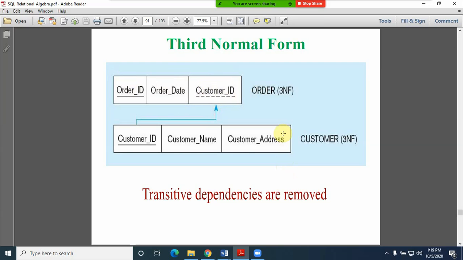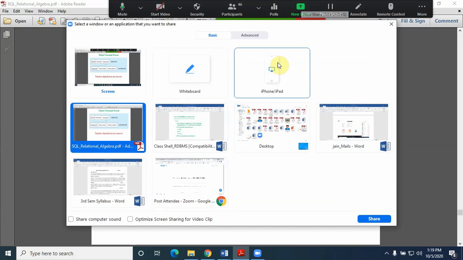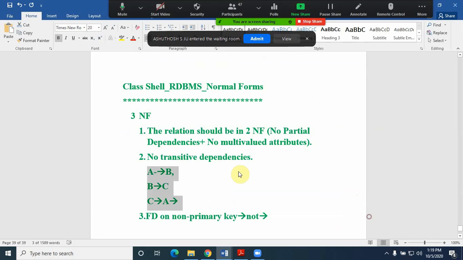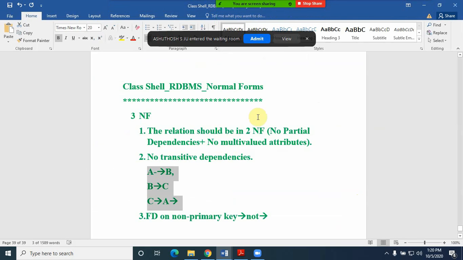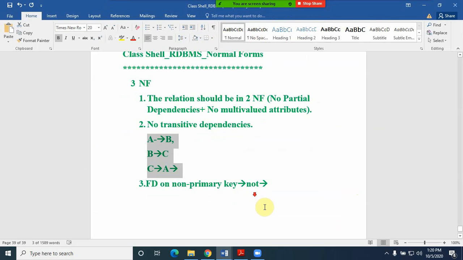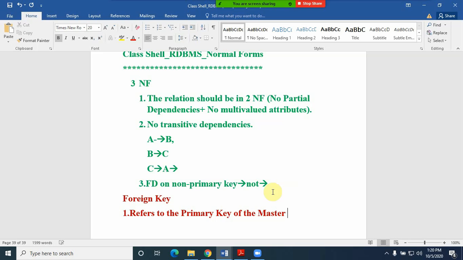Foreign key, so let me give the properties of this particular foreign key. Actually we have seen that. The first property is, friends, it refers to the primary key of the master table.